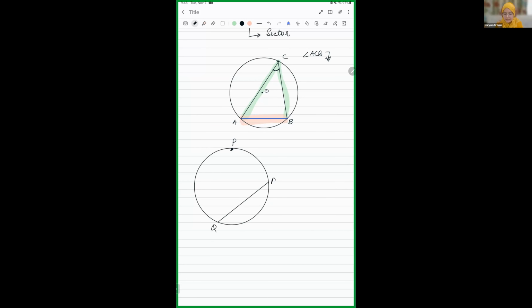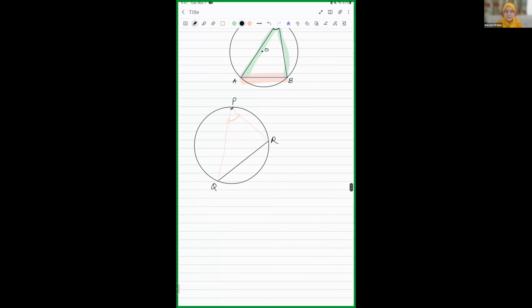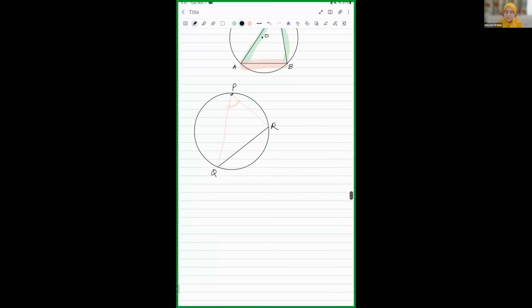Then the angle subtended by QR at P is this angle. Once again, the angle subtended by QR at P is this angle. Did you get it? Yeah, got it. We will use this a lot. So even if you don't understand it right now, you're going to get used to it. You will understand it sooner or later. We will use it quite often in this chapter.